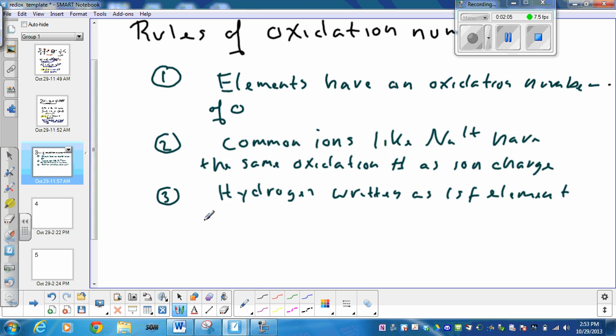We'll see that. For example, like HCl has a +1 oxidation number.